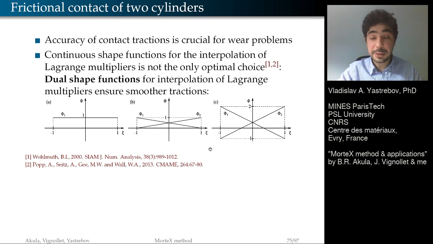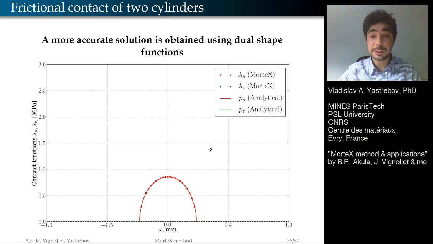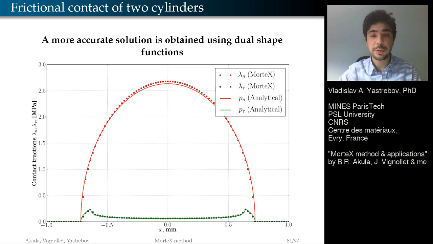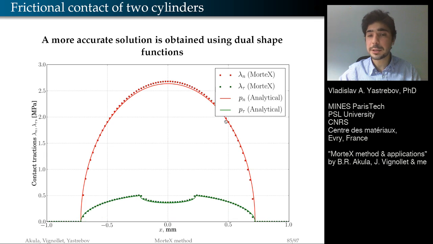And what we see in our results is that using dual shape functions, we recover much smoother contact tractions, shown here, and the tangential tractions are free of the oscillation that we saw in classical shape functions, so they ensure a much smoother solution.